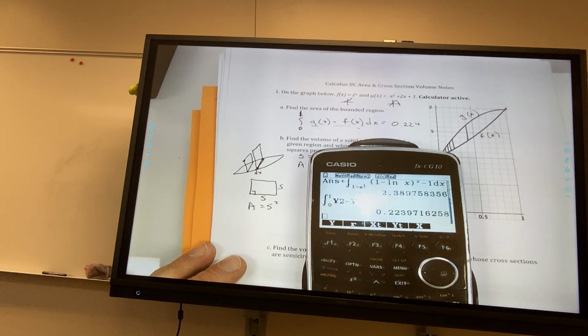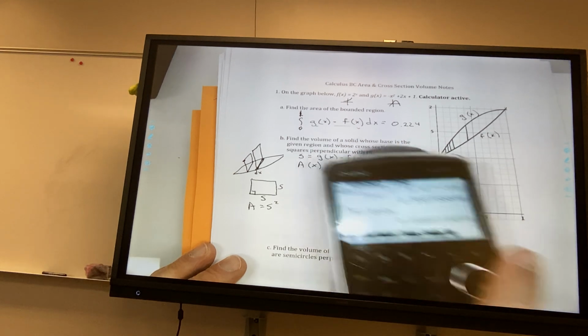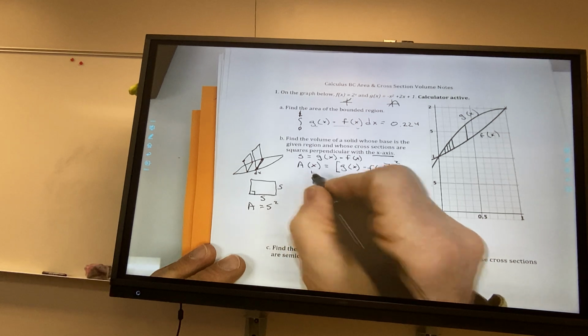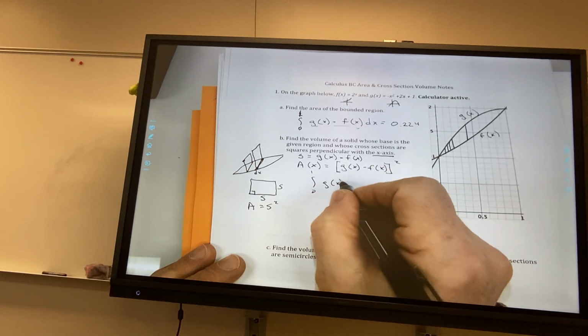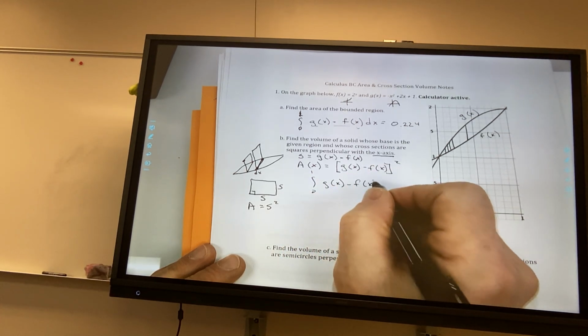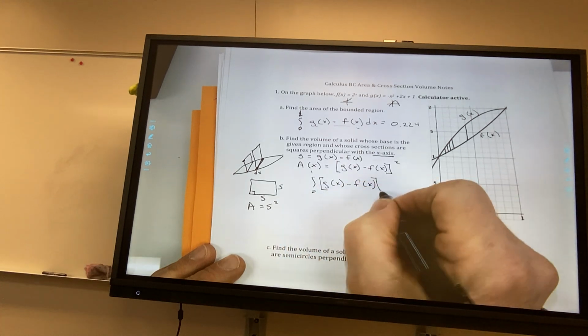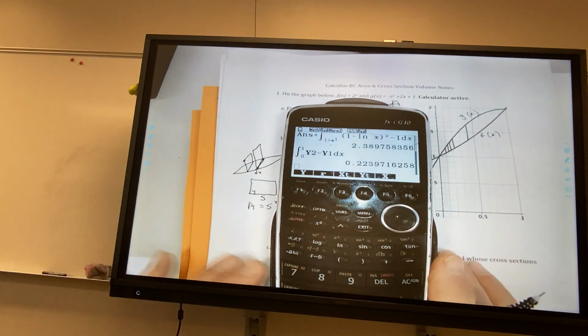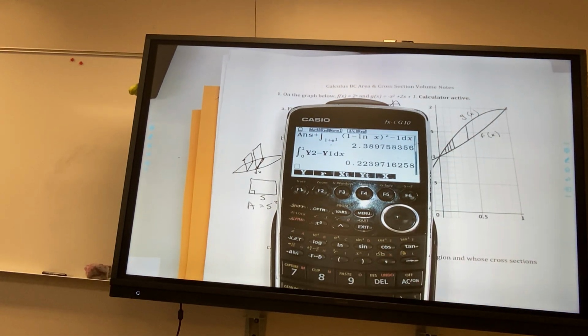okay? Now, what I like about this is once I come and set up my integral like this, and you can do this on a TI also. If you go second enter, it'll give you your last line.